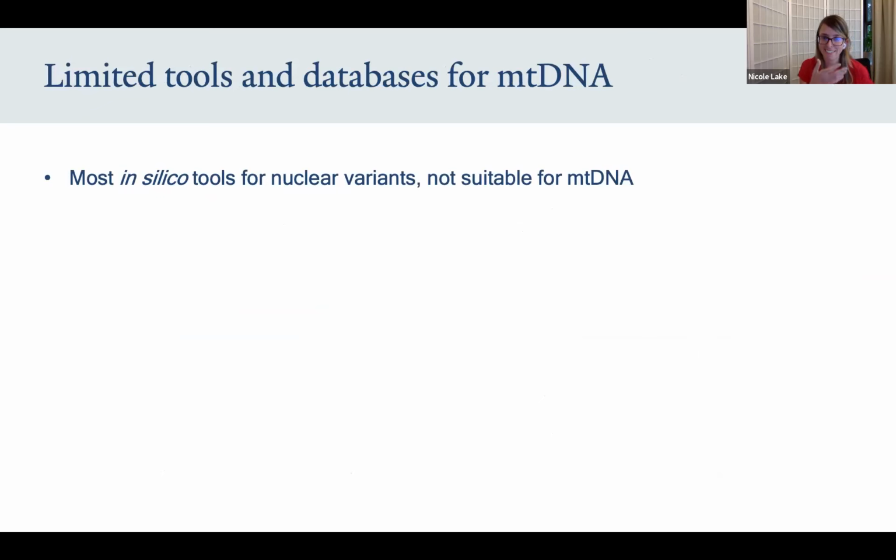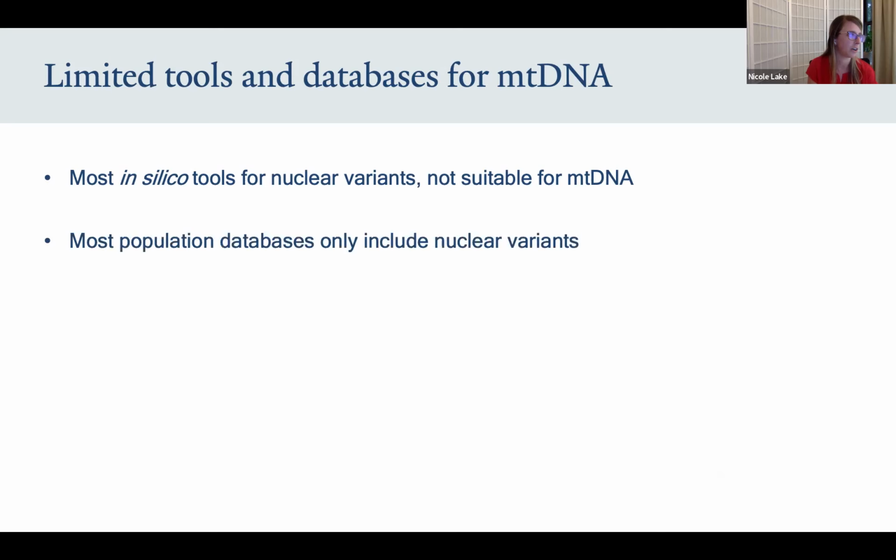So on that point, there's actually a relative paucity of tools for interpreting variants in the mitochondria because most of the tools that as human geneticists we're used to working with are actually really not suitable for this genome. And not only with predictive algorithms, but also population databases.